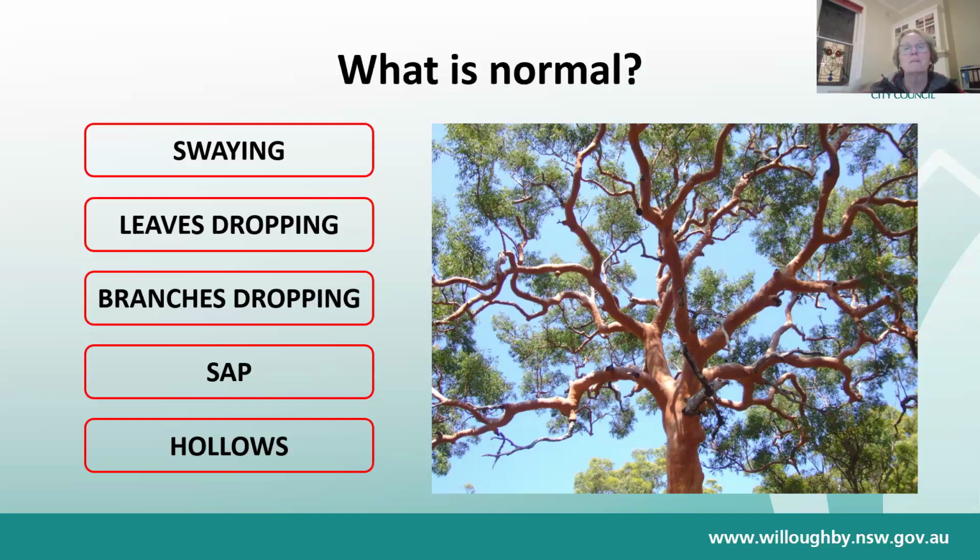Sap. Usually sap is a very good sign insofar as talking about the tree's budget of photosynthesis and the storage of starch. When there's a lot of sap, it usually means that there's been some form of damage done to the tree.